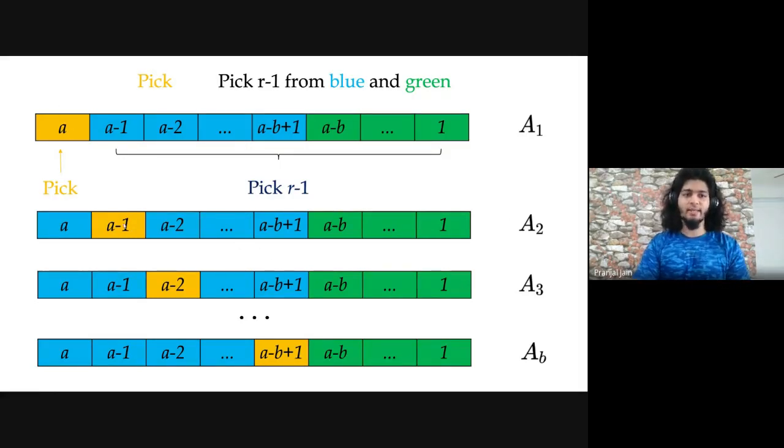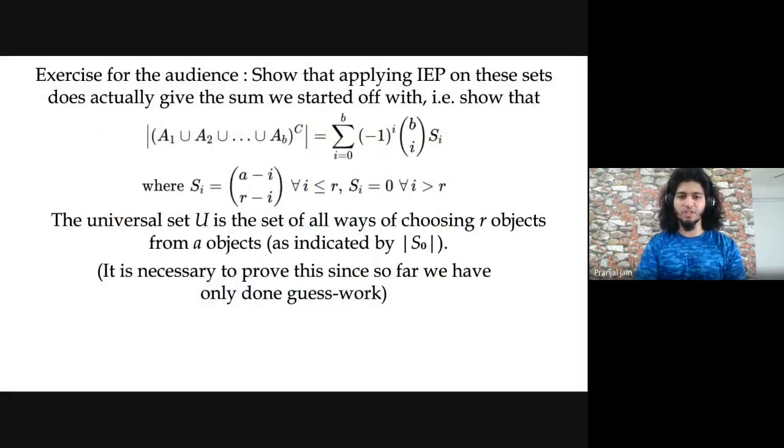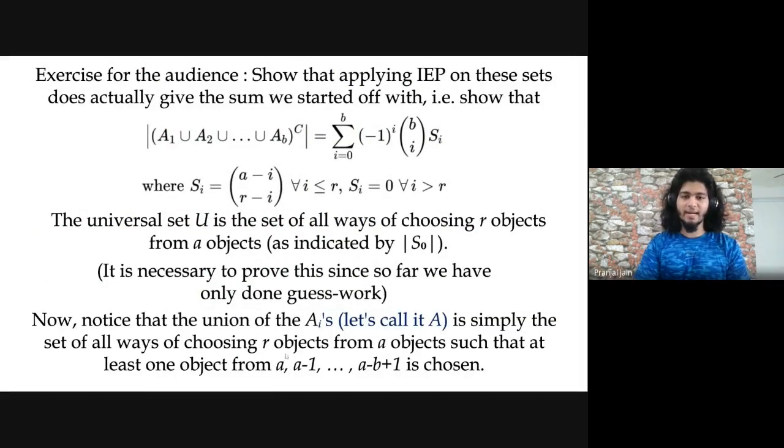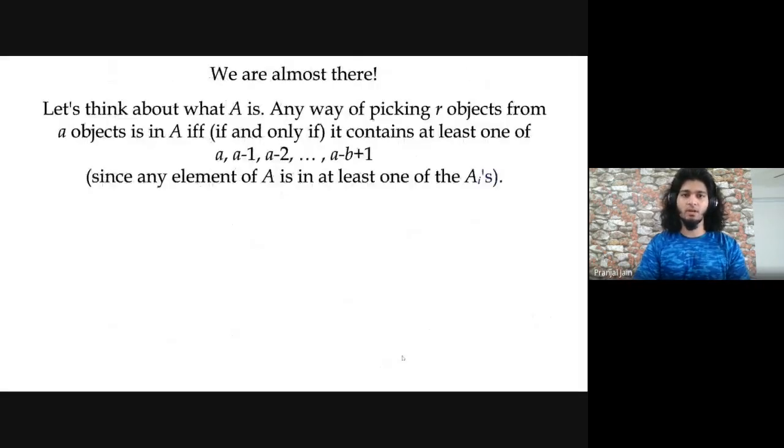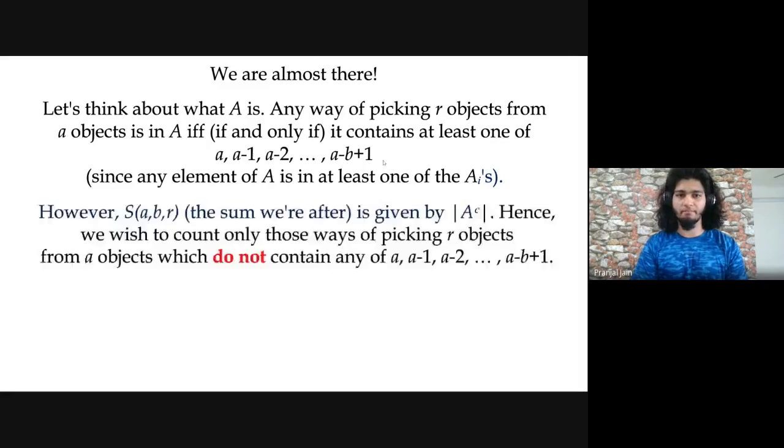If it's in A2, then A minus 1 will be in your set for sure, and so on. So if you're taking their union, then that must mean that at least one of these yellow elements is in your set, the union, which is A. So at least one of these elements from A to A minus B plus 1 is chosen in this union. So that's what I've written over here, that you must have at least one of them.